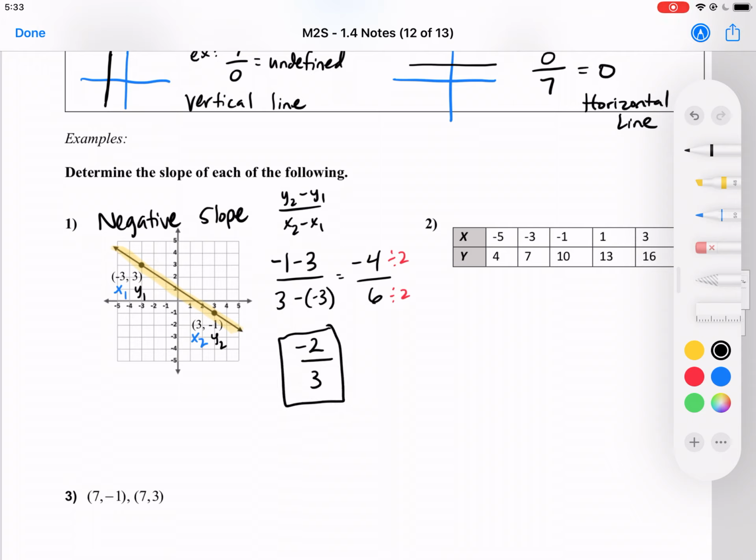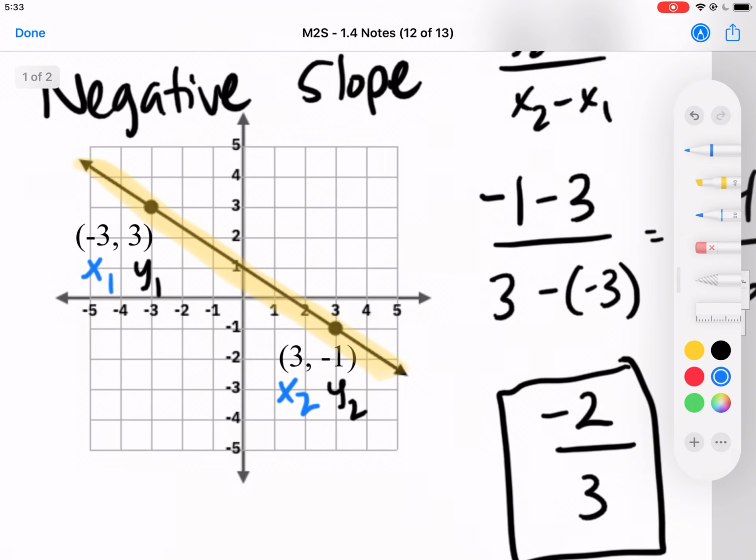Now, when it's actually a graph, I want to show you another way you can find your slope. I'm going to zoom in so you can see this better. You can show your rise over your run by counting the number of units. From this point, I'm going down 1, 2, 3, 4 units, so down 4.